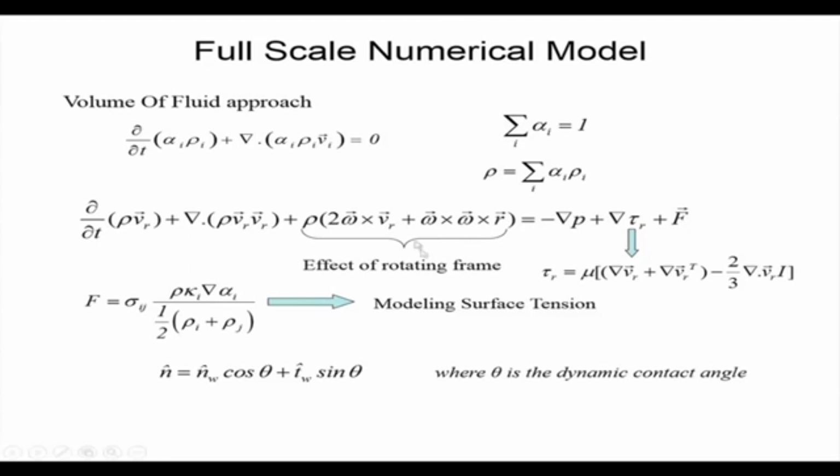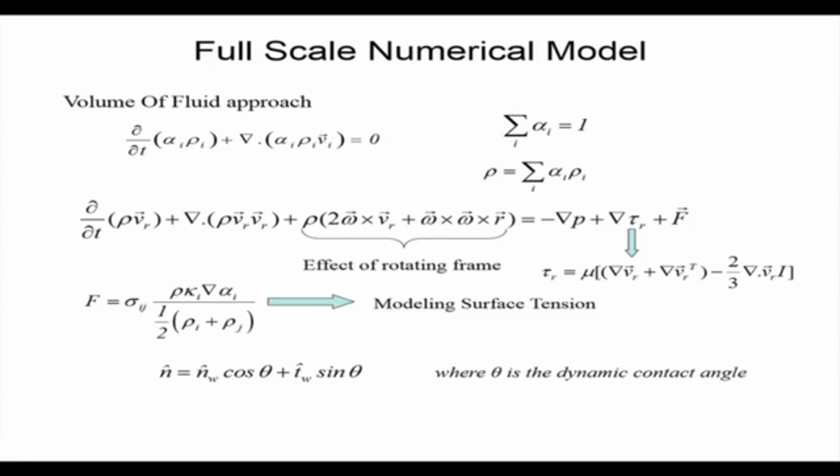So there are two extra terms, and then there is a force to model surface tension. This force is acting only on the control volumes which belong to the interface. So basically surface force is equivalently represented as a body force term at the control volume.